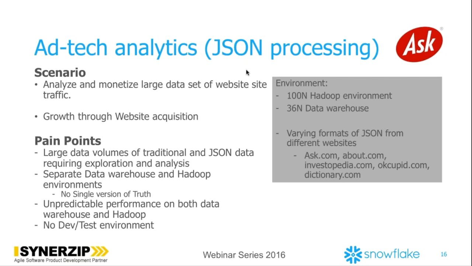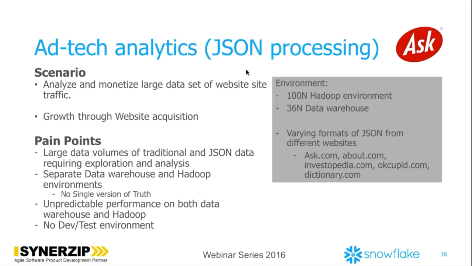Well, the pain points they had is that they had a 100-node Hadoop system. They had a 36-node data warehouse system, so two different systems. On top of it, they had large data volumes of traditional and JSON data coming in. They had no single version of the truth itself. And then there was unpredictable performance on both the data warehouse and the Hadoop system.